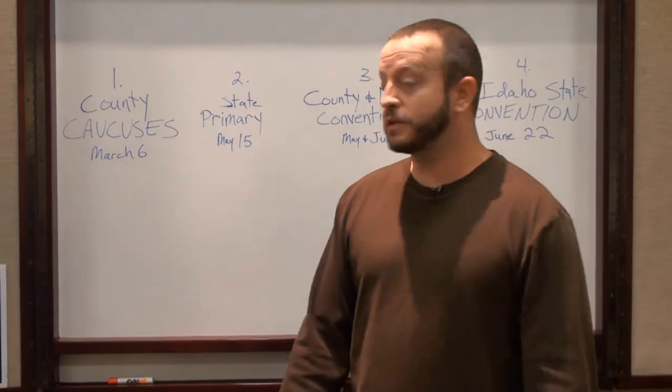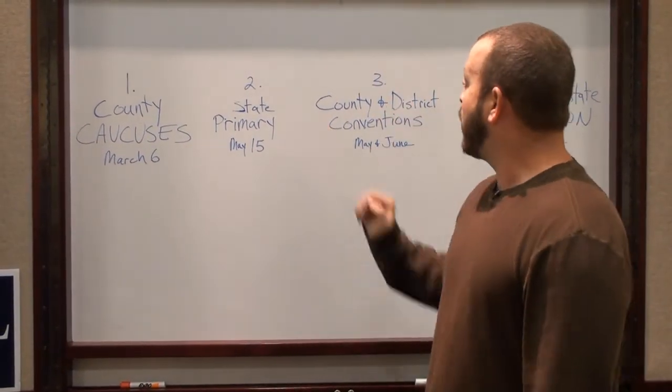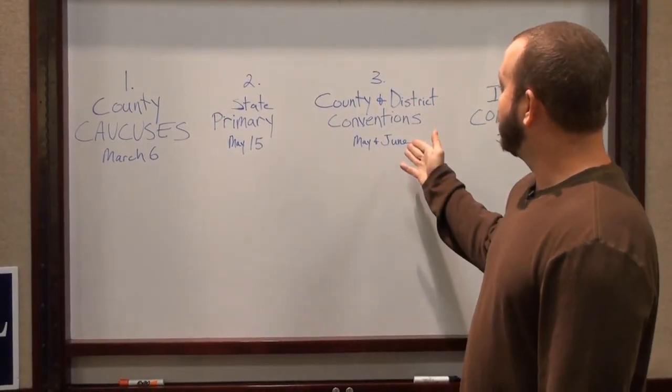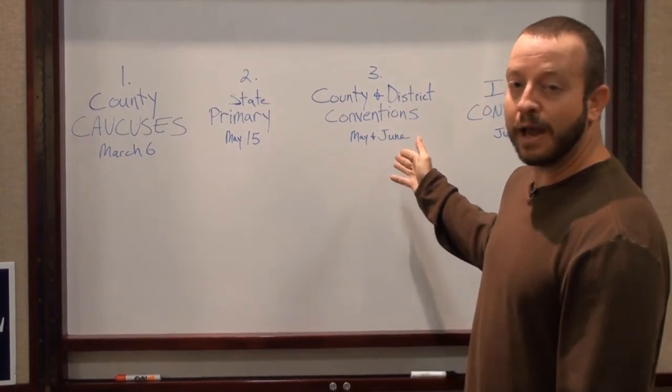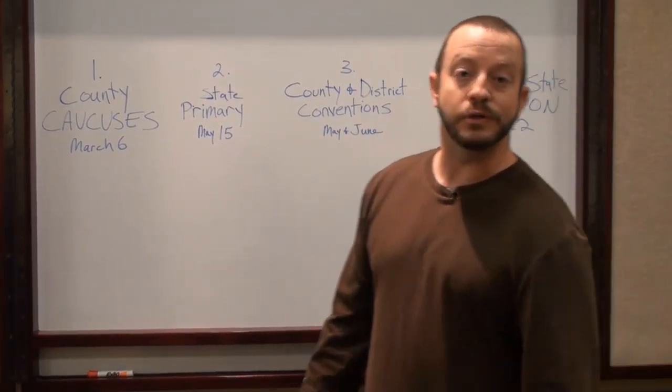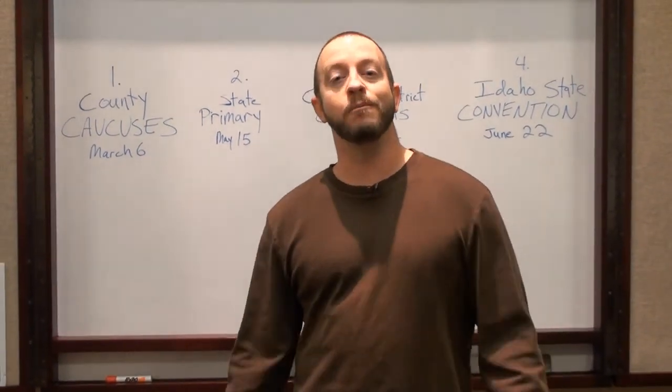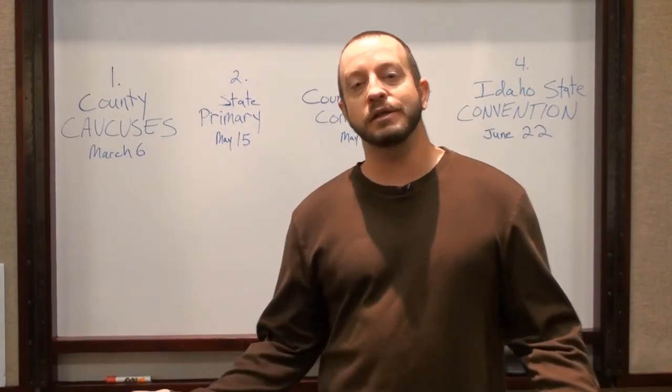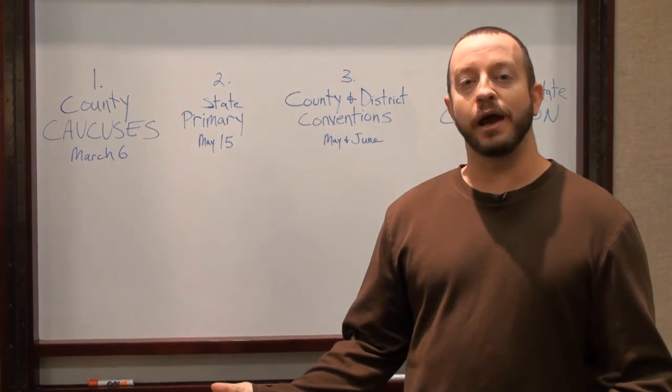Run for precinct committeeman at the primary, get elected, vote for delegates at the county conventions and district conventions, and then attend the Idaho State Convention to support Ron Paul. So in a nutshell, that's the basic of the delegate selection process in Idaho.